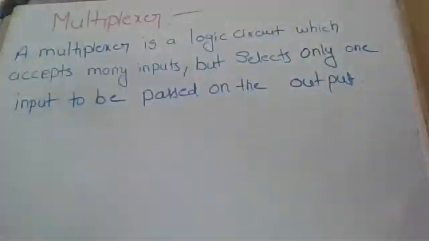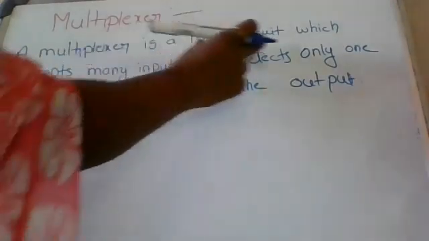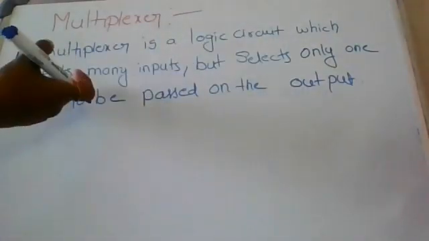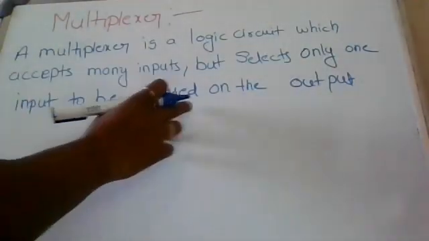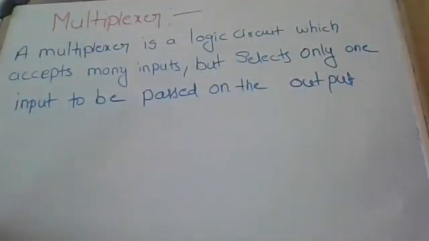So what is a multiplexer? A multiplexer is a logic circuit which accepts many inputs but selects only one input to be passed on to the output.